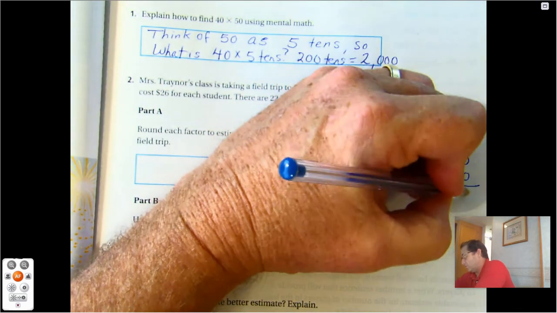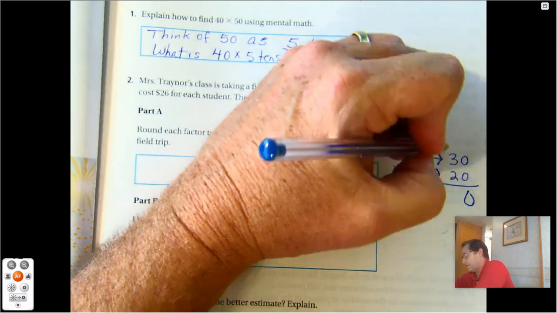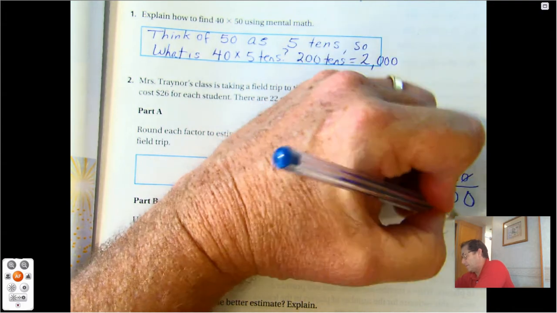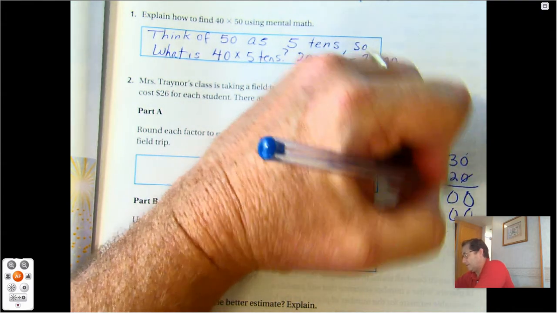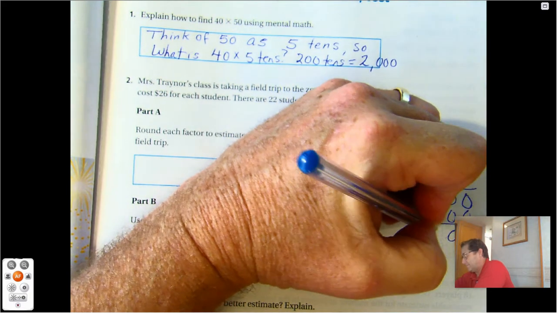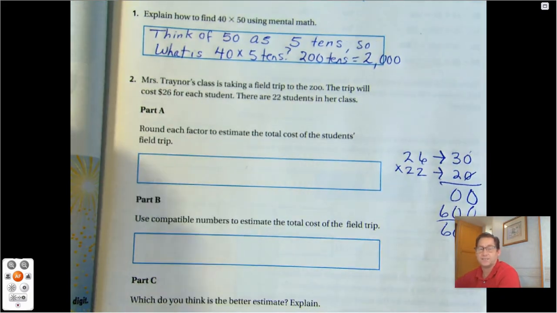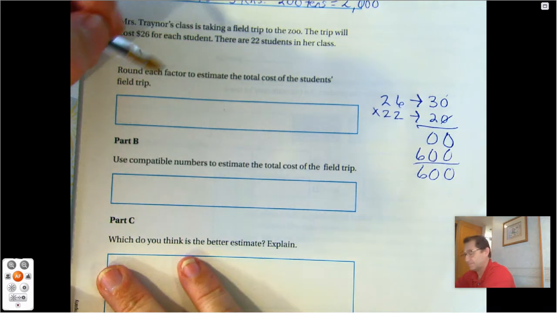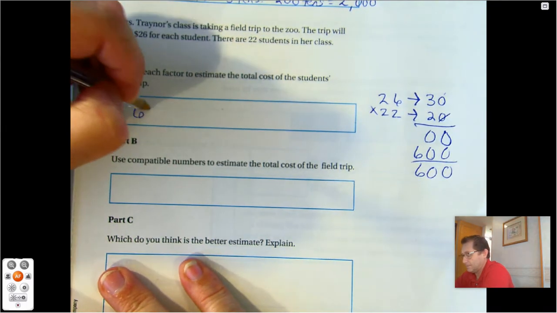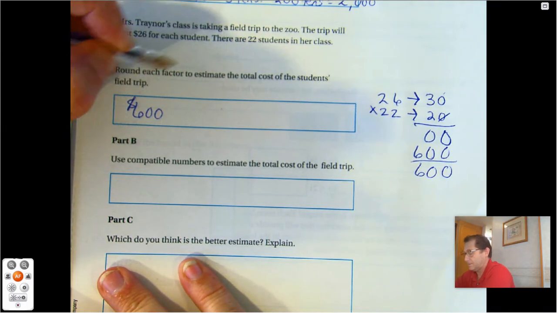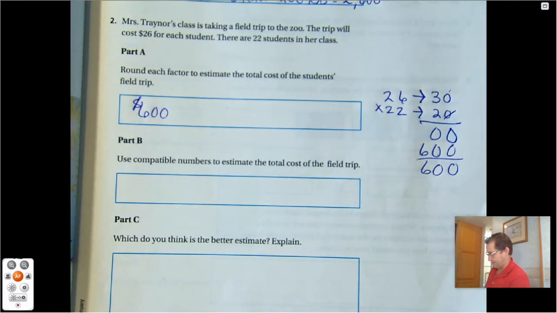And so 2 times 0 is 0, and 2 times 3 is 6. So 600. About $600 would be the estimate.